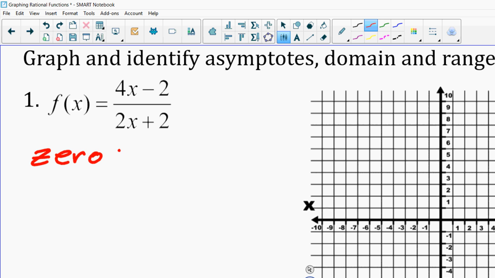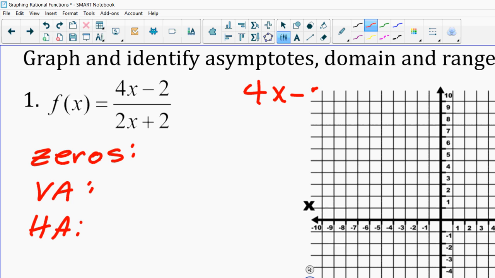Zeros, vertical asymptote, horizontal asymptote. How do you find zeros? When the numerator equals 0. Good. Add 2 to both sides.